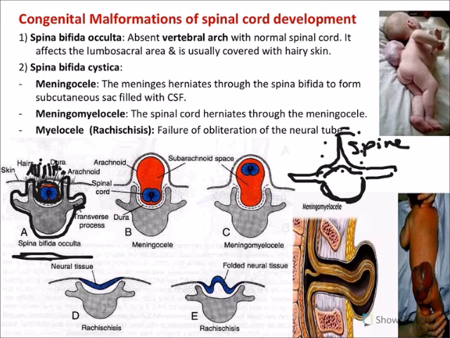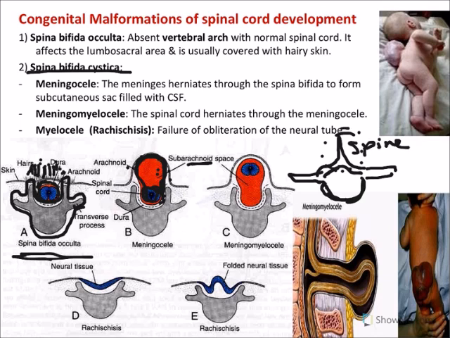The second common type of spina bifida is spina bifida cystica. In this form, there is absence of development of the vertebral arch as well, but the spinal cord inside is also affected. This is the spinal cord, and these are the meninges that surround it, and this is the subarachnoid space, which is filled with cerebrospinal fluid.